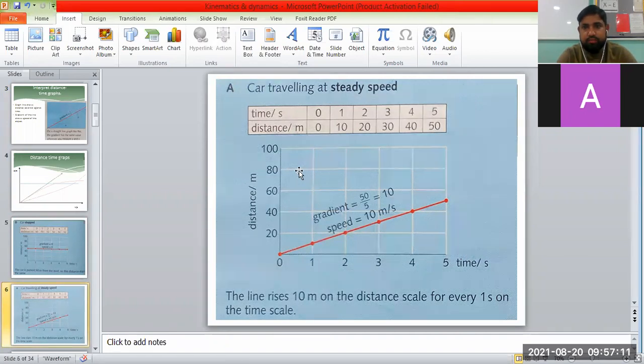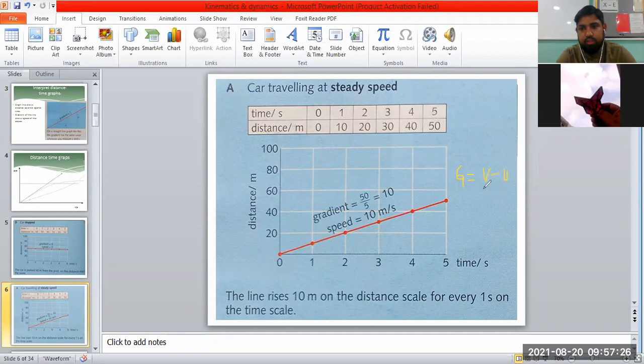If I write it here, gradient will mean change in distance, which is v minus u, upon time taken. What will this quantity be?